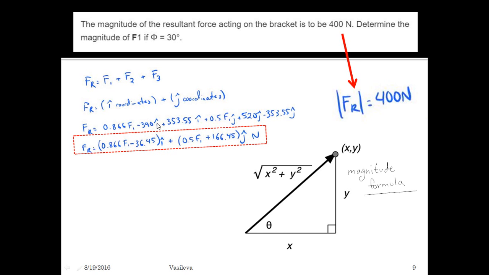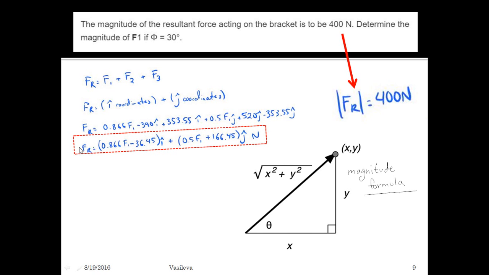I combined all of the x components from F1, F2, and F3, and I got 0.866 F1 minus 36.45 in the x direction, and the y component is 0.5 F1 plus 166.45 in the y direction. This is all in newtons.